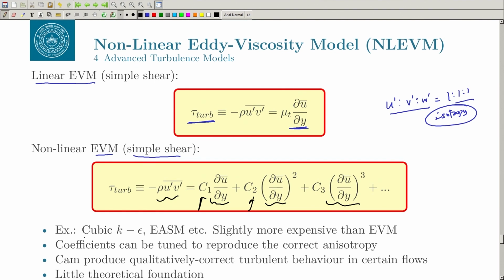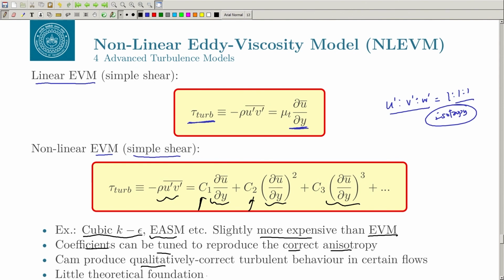For example, the cubic K epsilon or models like ERSM, ESM, etc. They come in this class of non-linear eddy viscosity models. They are more expensive than the eddy viscosity model, but not much. Again, here also coefficients can be tuned to reproduce the correct anisotropy, and it can produce better turbulent behavior in certain flows.